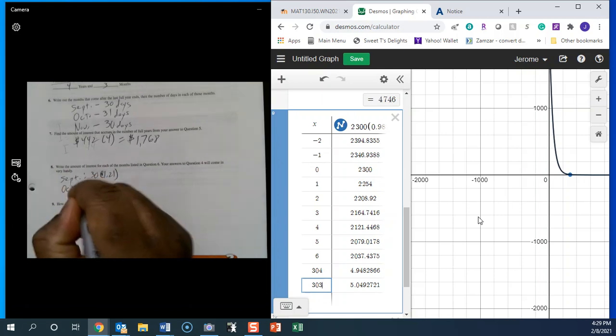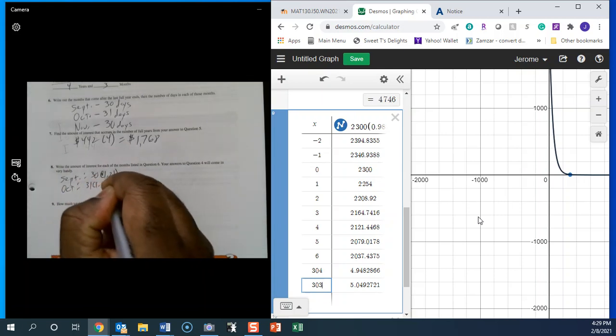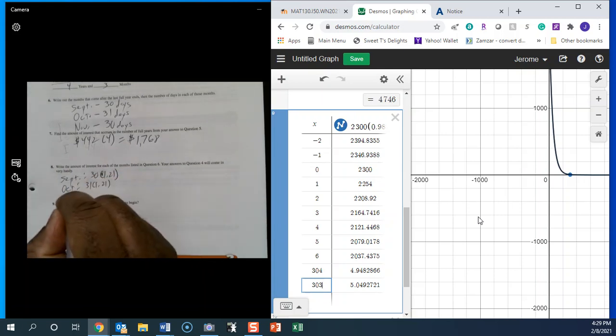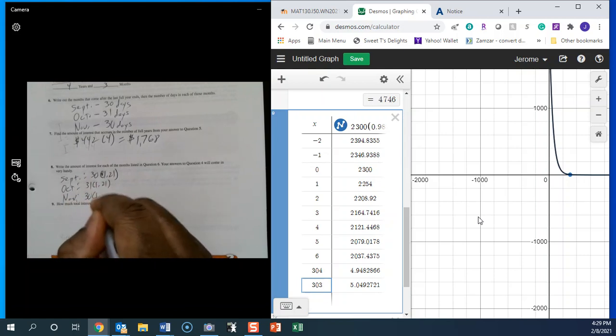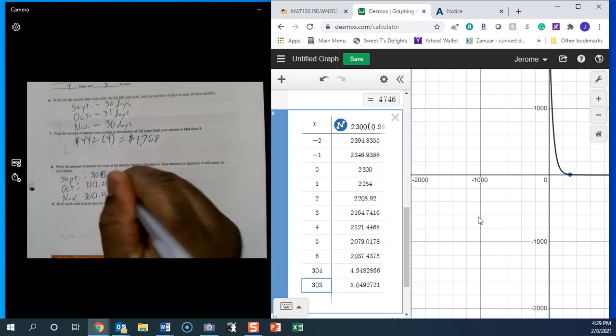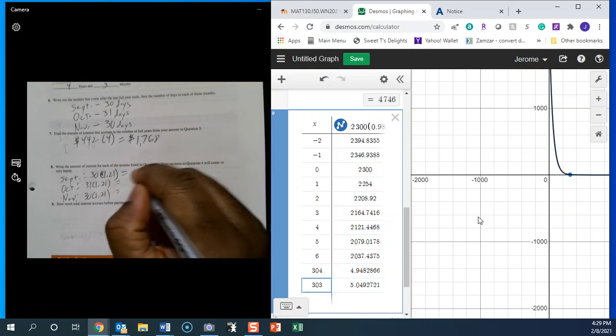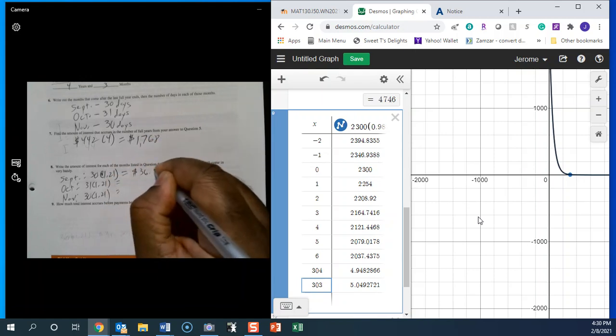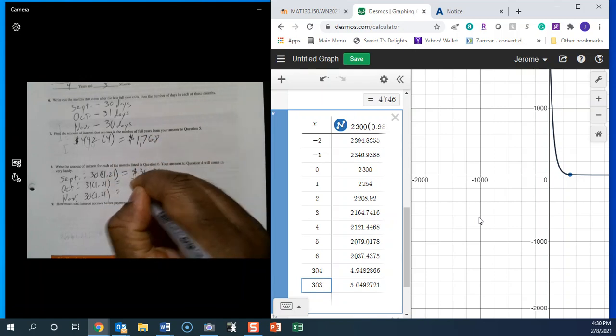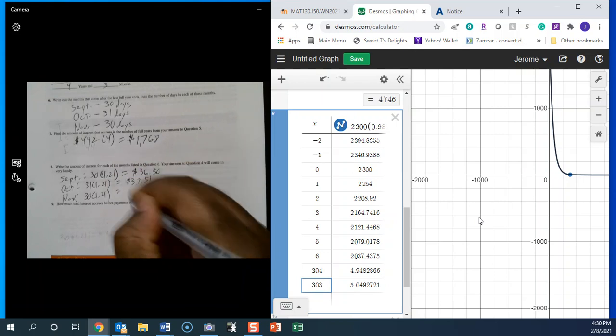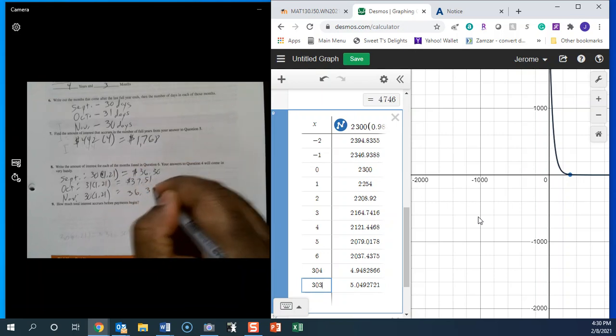October, 31 days times the $1.21. And November will be 30 days times the $1.21. Now we multiply this out, this would be $36.30. This would be $37.51 and $36.30.